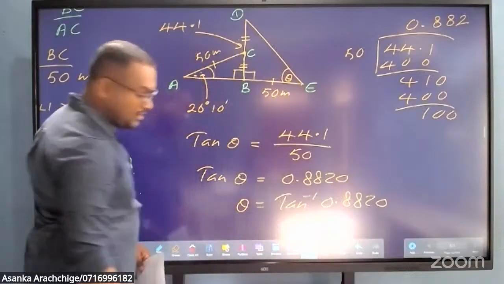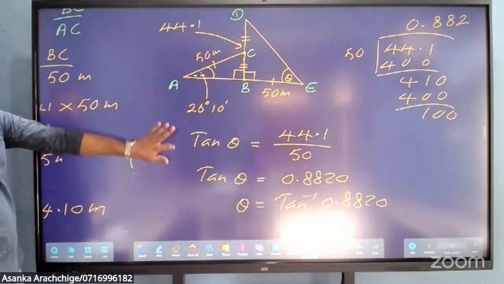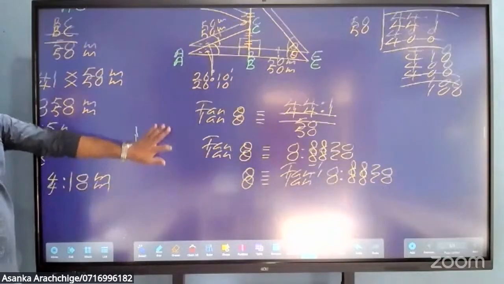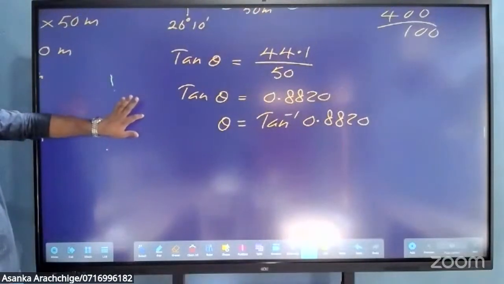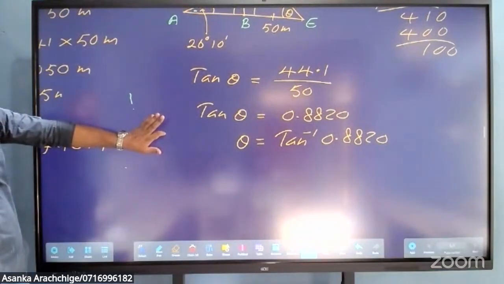Now tell me from the tables the location of that angle in the tan ratios.